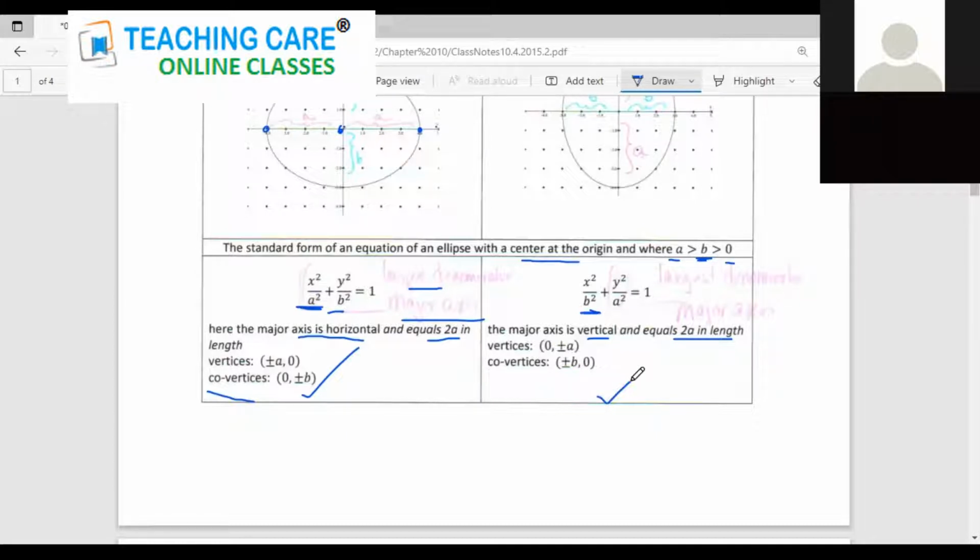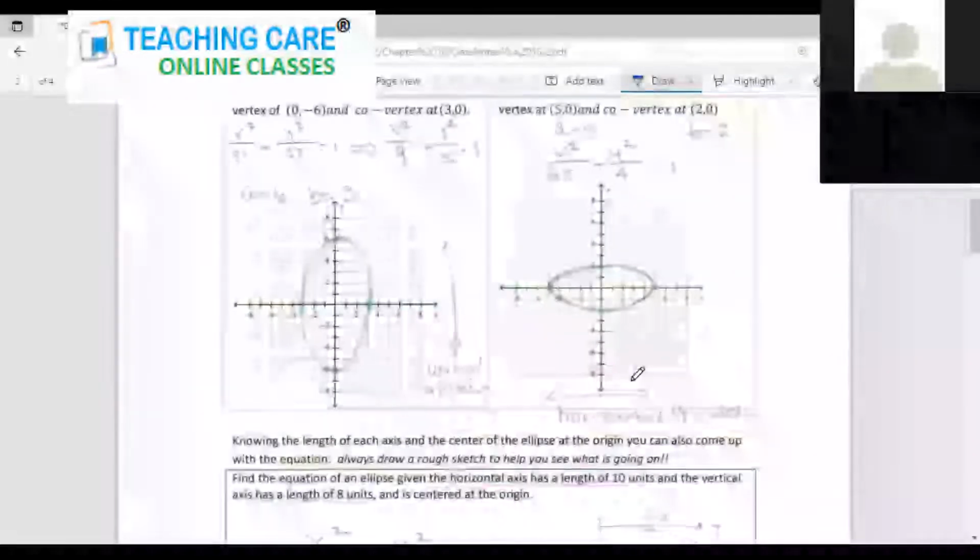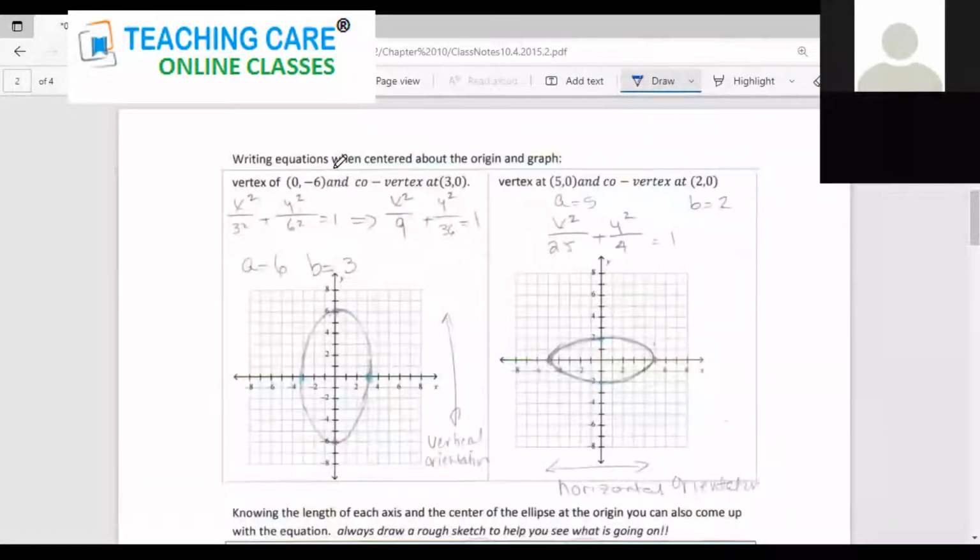Shall I move down? Now, for example, write equations when centered about the origin and graph. They have given us the vertex and the co-vertex, and we have to make the standard form of the equation.